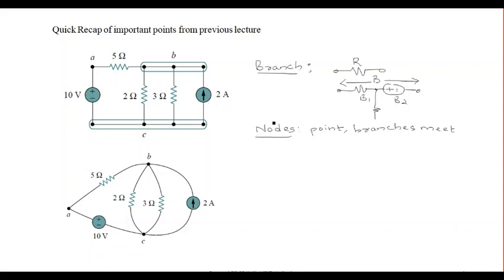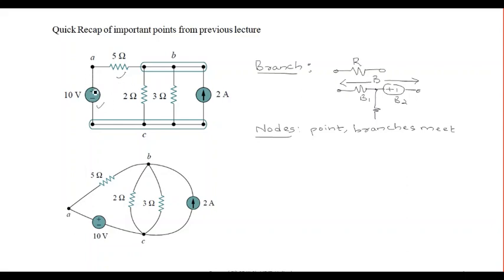So now coming to the nodes, I would like to take this circuit as an example to recap about nodes. As we know, a node is a point where branches meet. Here we have this 10 volt element and 5 ohm resistor.